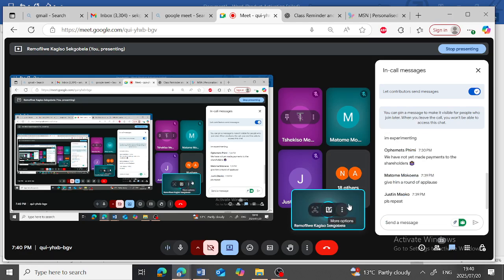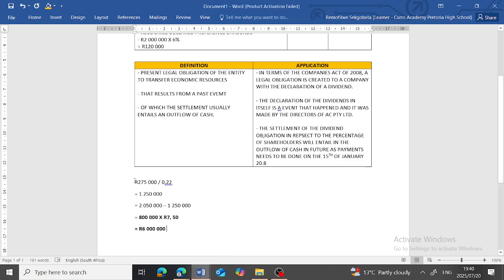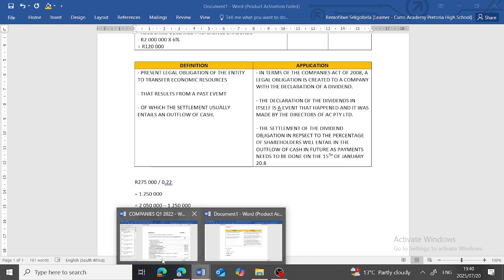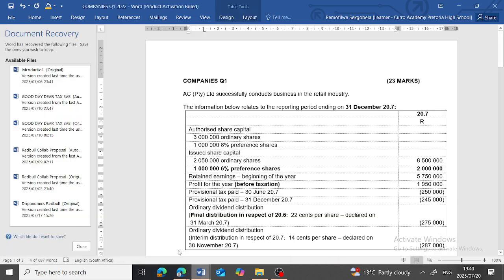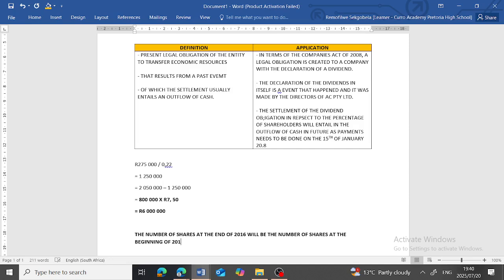Guys, for those that don't understand, let me take it again step by step. When you want to calculate the number of shares that were in issue at the beginning of the year, you are going to take the figure of the final distribution in respect of 2016. Why? The number of shares at the end of 2016 will be the number of shares at the beginning of 2017.